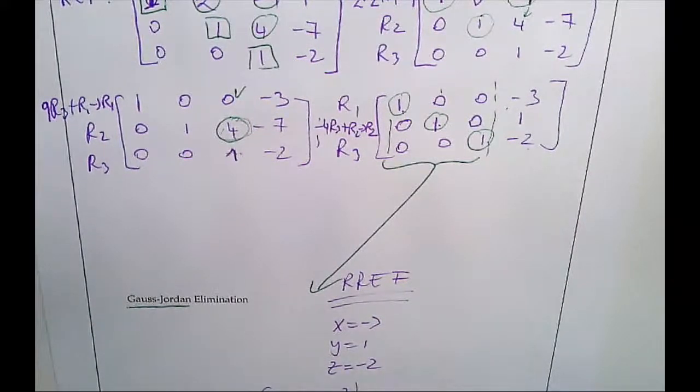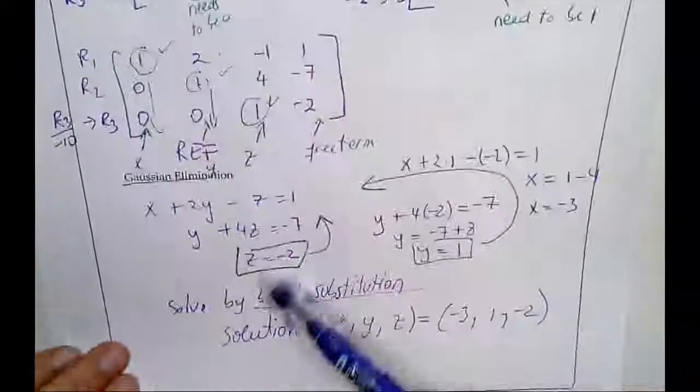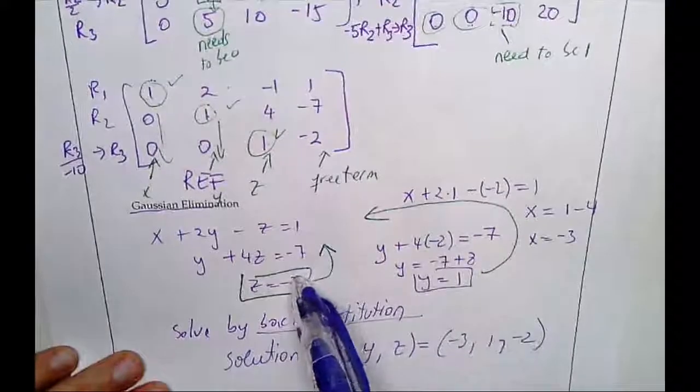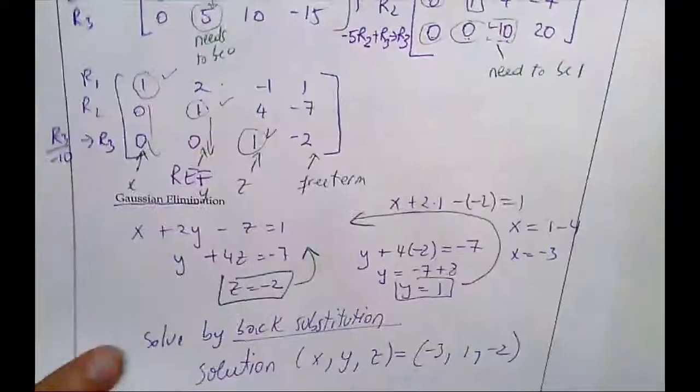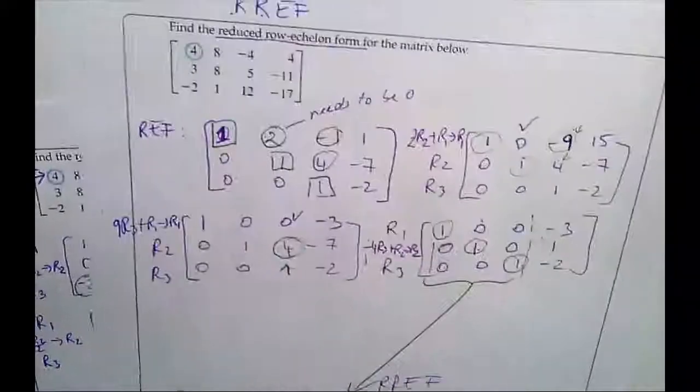You see how this is exactly the solution that we got by doing back substitution from the row echelon form. I hope you can see the difference here.